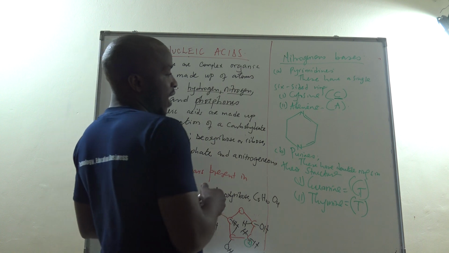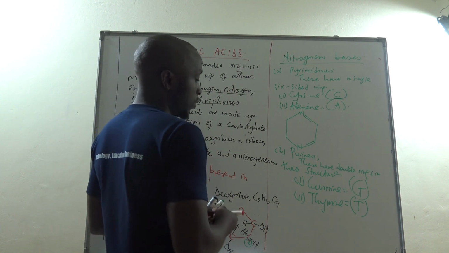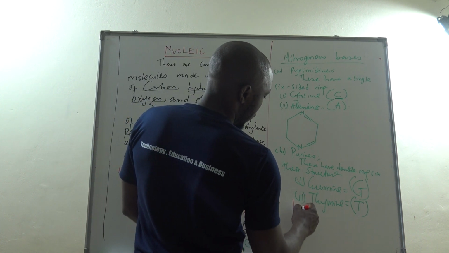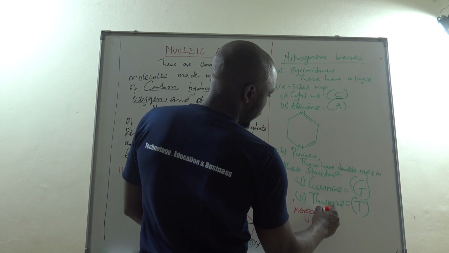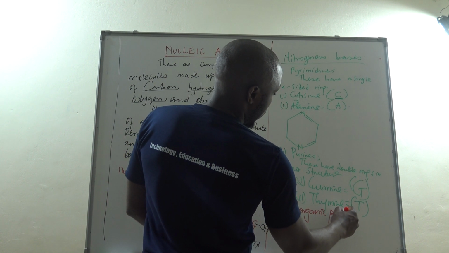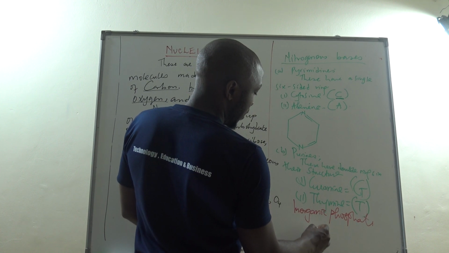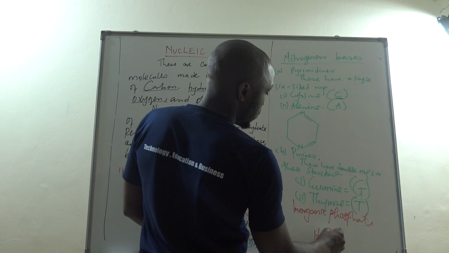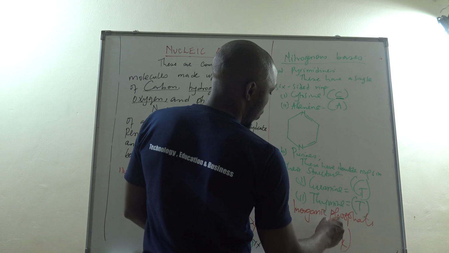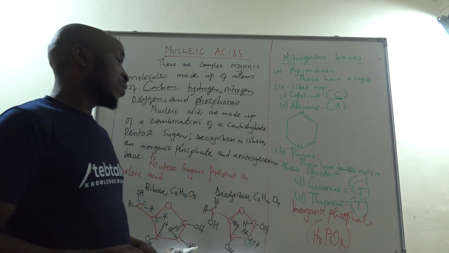So you can go further and look at the phosphate, the inorganic phosphate. The inorganic phosphate is H3PO4. That's where our inorganic phosphate comes from.